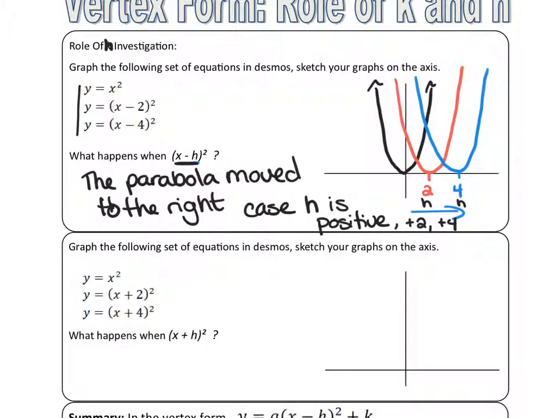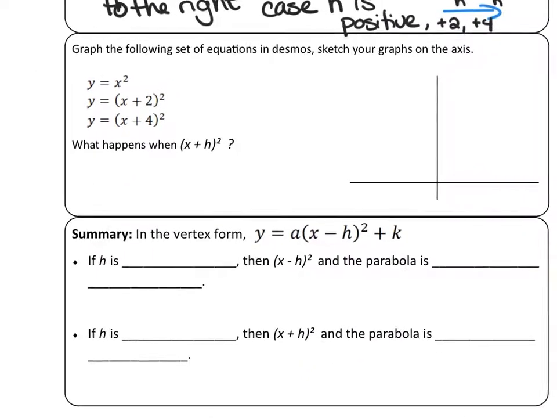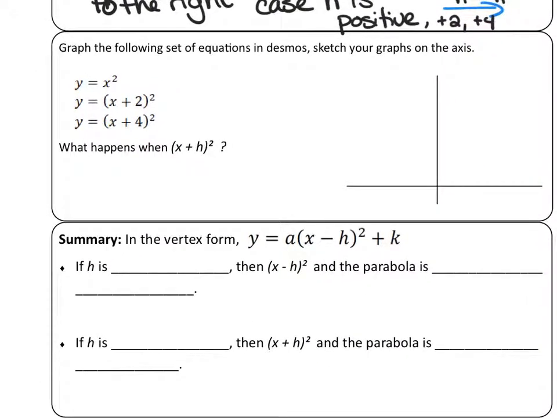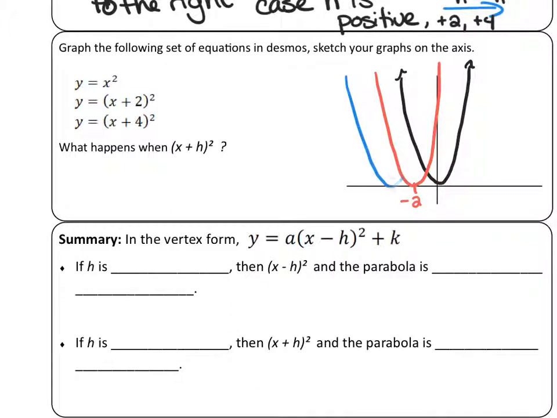You would have noticed the same thing if we move down to the second part. You can probably guess by now what's going to happen: the x plus 2 actually moved this way and hit it at minus 2, and then this one hit it at minus 4. So what happens when it's x plus h?